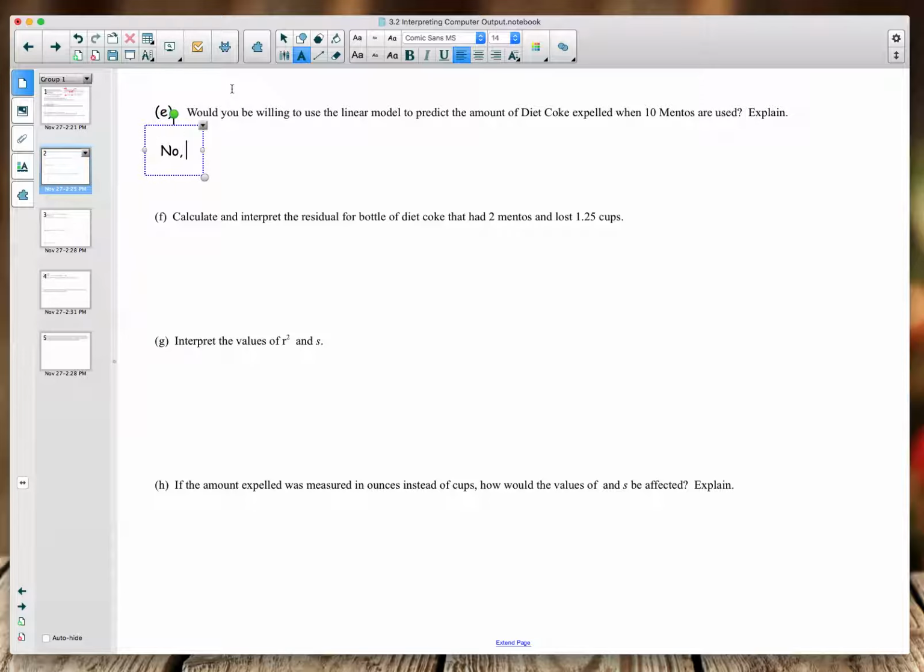So no, because 10 Mentos is data outside our data. This would be extrapolation.